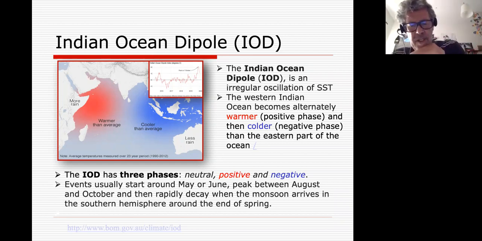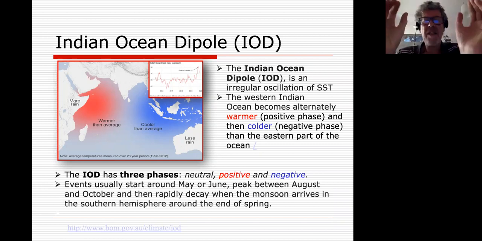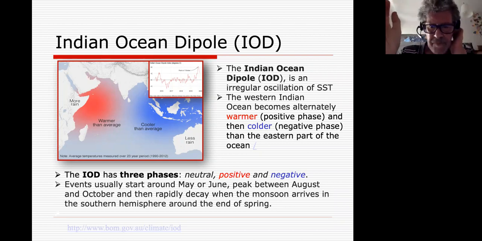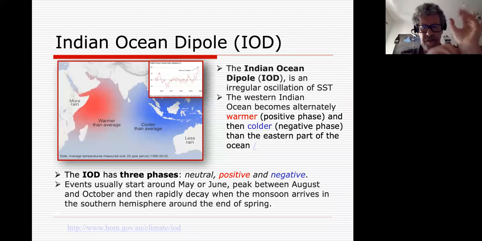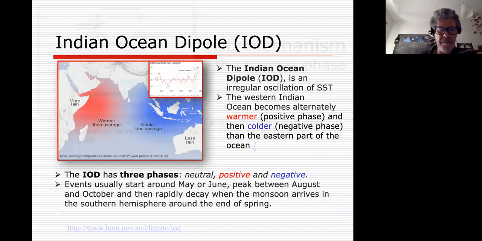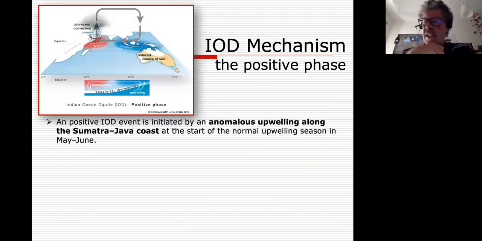Then when the monsoon arrives, they rapidly decay, around the end of the spring in the southern hemisphere. So it is an episodic event that lasts about 6 months, much less than the ENSO phenomenon.